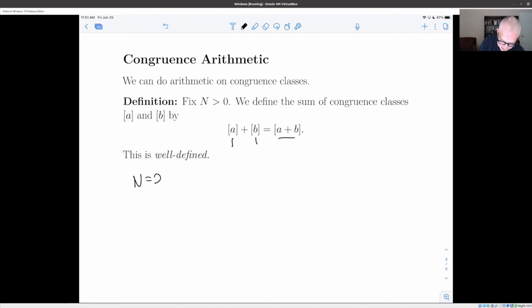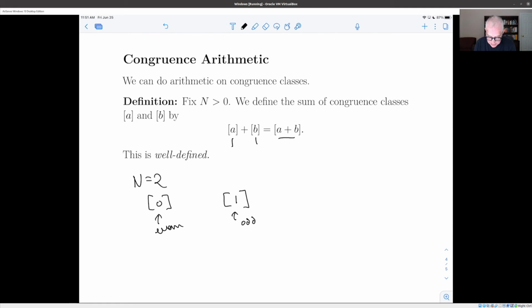So when n equals 2, there's only two congruence classes. There's the class 0 and there's the class 1. And this is the collection of even numbers. If you're congruent to 0 mod 2, then you are divisible by 2, so you're even. And this is the class of odd numbers.